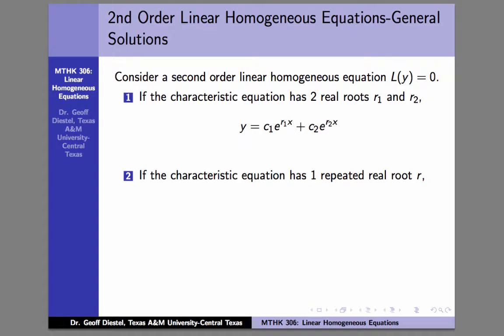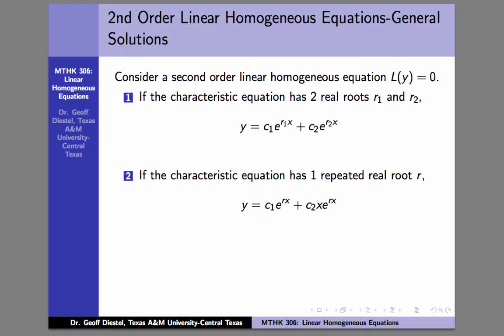If the characteristic equation has one repeated root, r, so this is a case when the quadratic factors to something like r plus 2 times r plus 2, then negative 2 would be the only root. So in this case, we get two terms, and we had to go back. We were able to identify the first term just by the root and by method 1. But since we didn't have another root, we didn't know what the other solution would be.